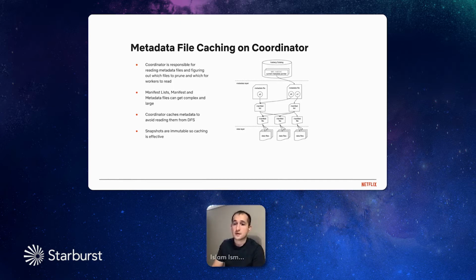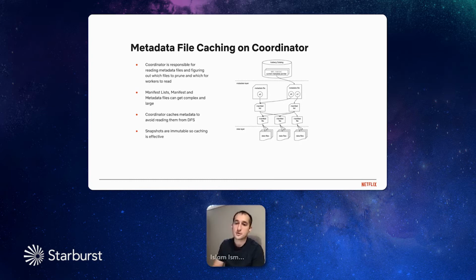Why is that effective? It's effective because snapshots are immutable. Each snapshot ends up as a map of files on the DFS, and whenever you add a new snapshot, it never modifies the existing files. It basically adds more files.